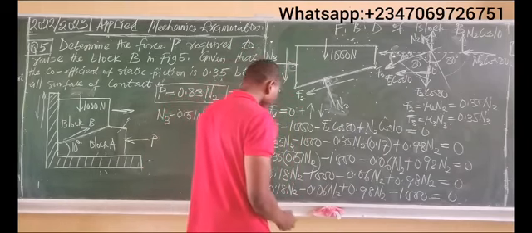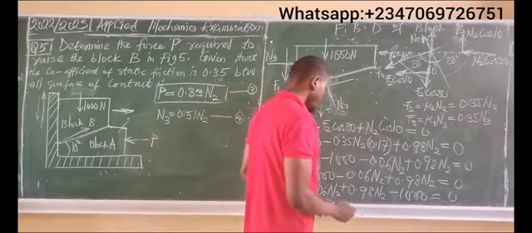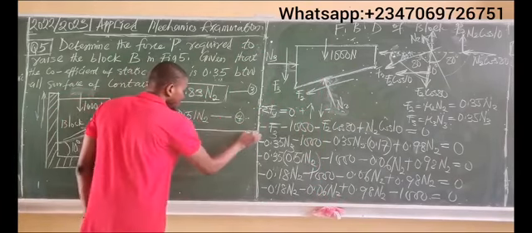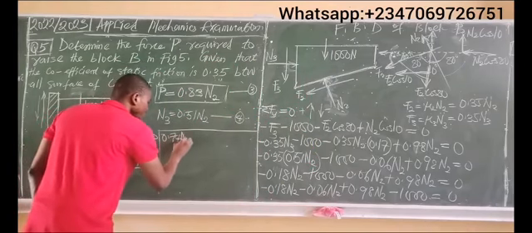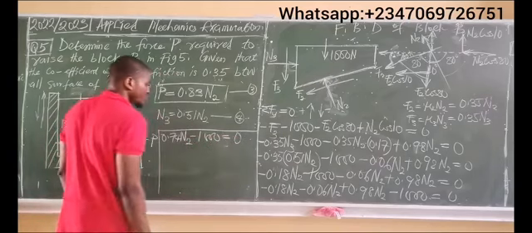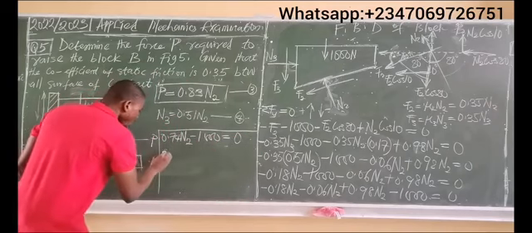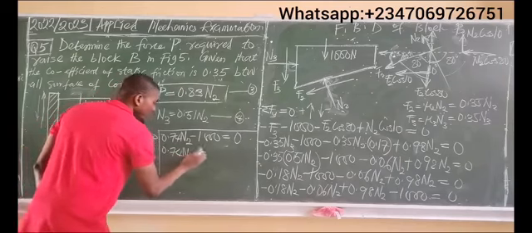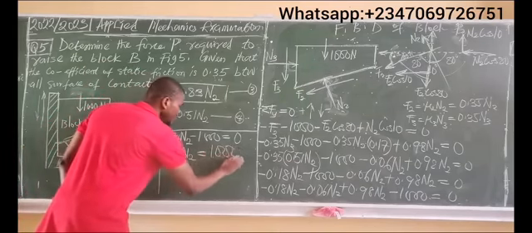Minus 0.18 N2 minus 0.06 N2 plus 0.98 N2 simply gives us 0.74 N2 minus 1000 to be equal to 0. So we can send minus 1000 over to this side of the equation. We have 0.74 N2 now equal to, the negative sign plus an equal sign becomes positive, 1000.